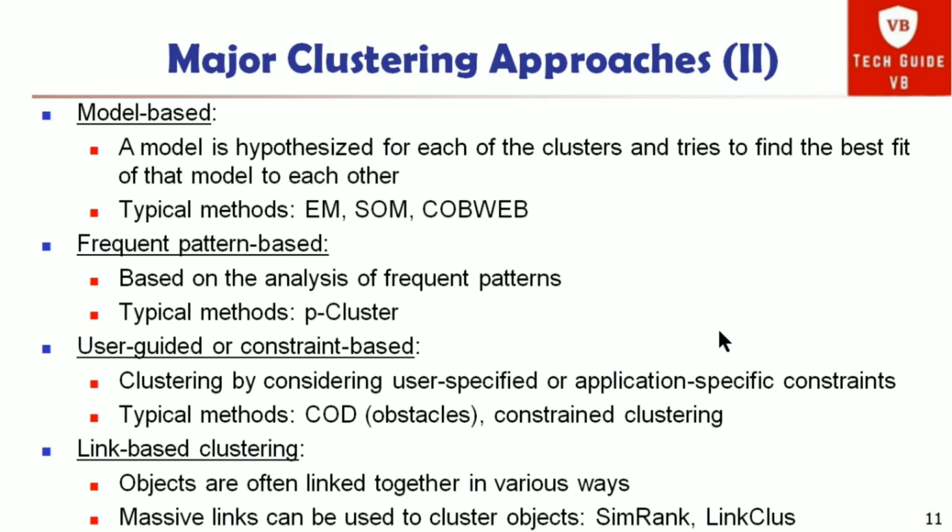Not going into detail, I will give just an overview. In the model-based approach, a model is hypothesized for each of the clusters and we try to find the best fit of the data to that model. The methods for model-based are EM, SOM, COBWEB.